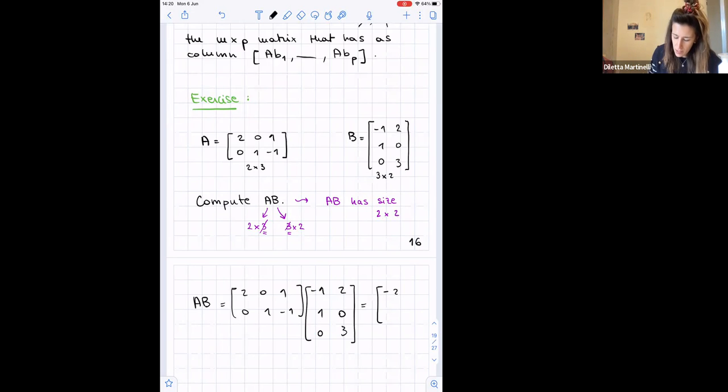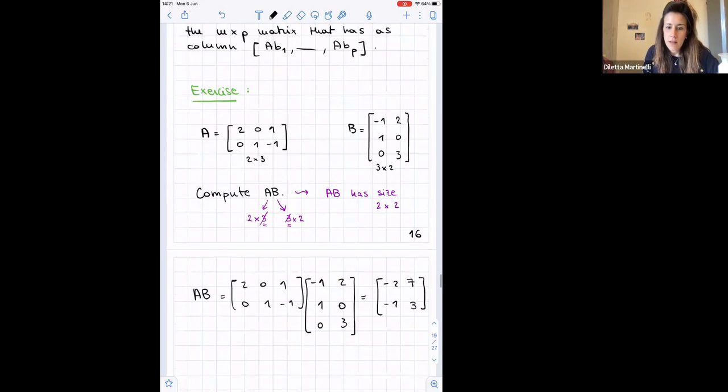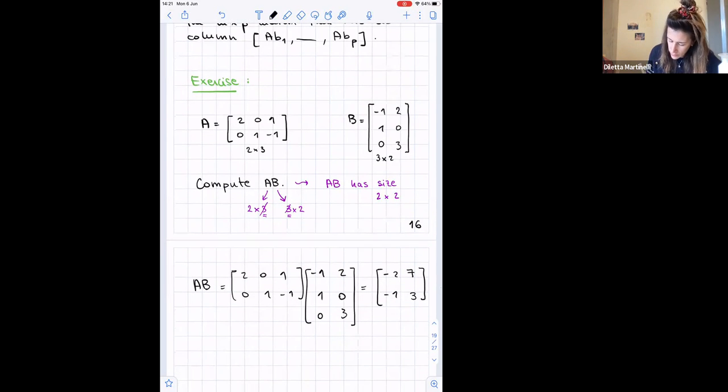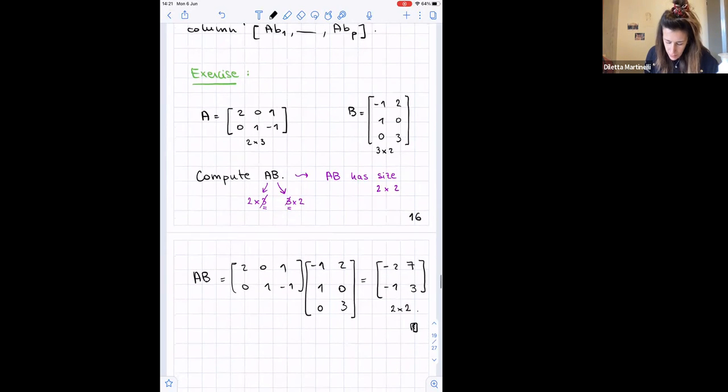And then this one times this one: 2 times 2 is 4 plus 3, so we get 7. And then it's -1, 3. So correct. Well done. So this is again our 2 times 2 matrix. Great.